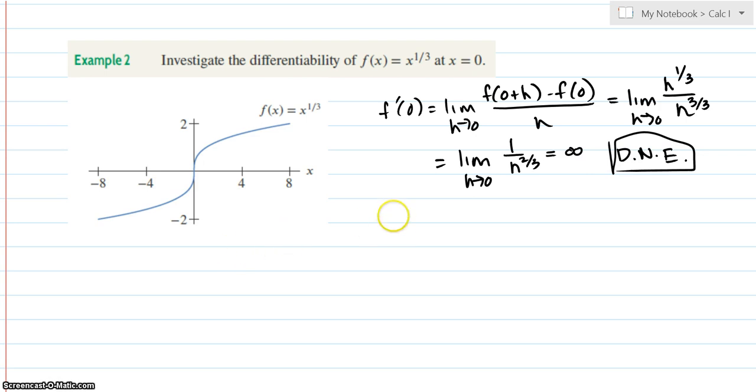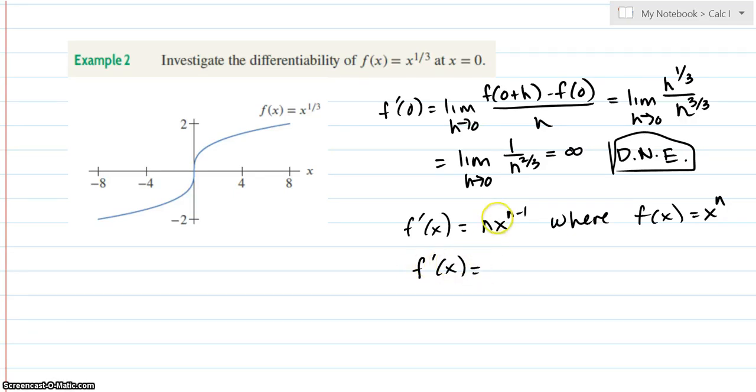If I look at our formula of f prime of x, n x to the n minus 1, where f of x equals x to the n, we can actually find the formula here. You can see we take 1/3 minus 1, and that's where we get the negative 2/3.